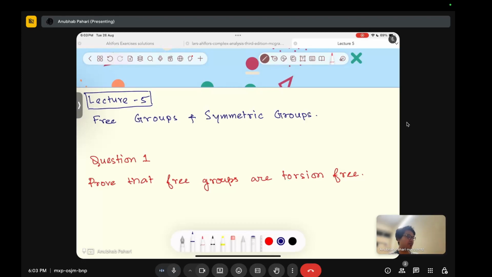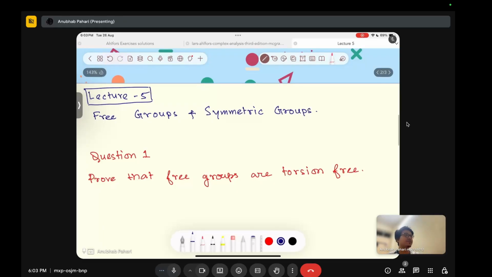You can find it in the lecture notes, I will not go into the detail. Anyway, let's start with our solution.